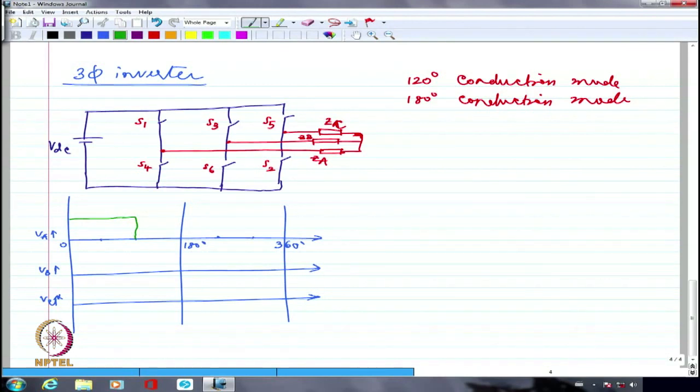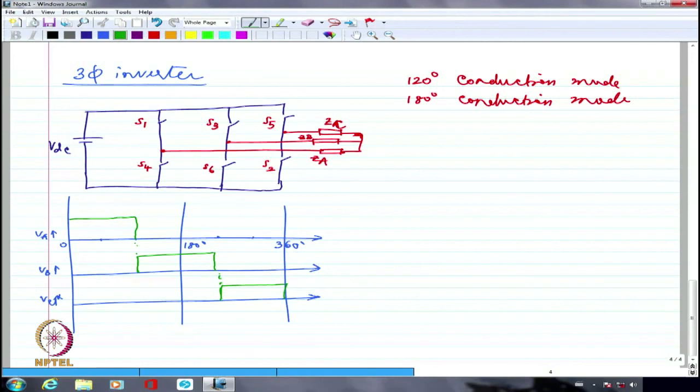If S1 is conducting like this, and we are talking about 120 degree conduction, obviously S3 has to start conducting from here until this point. And I'm going to have S5 conducting from this point until here. Right? They are all 120 degrees shifted from each other. This is how it is going to be.